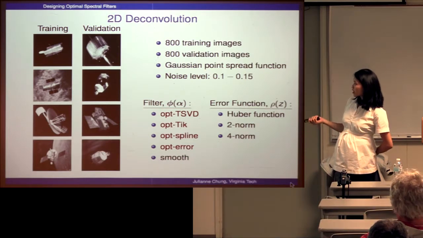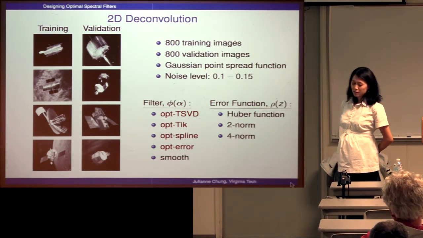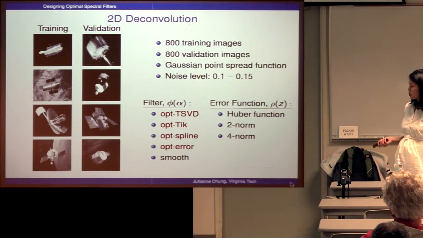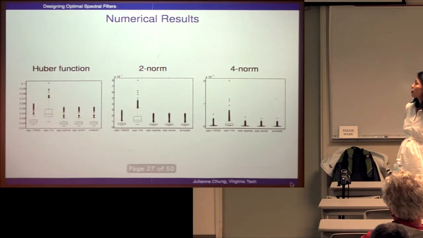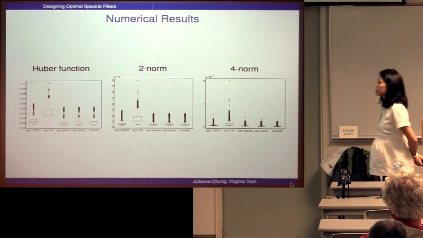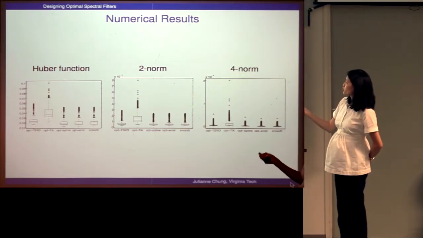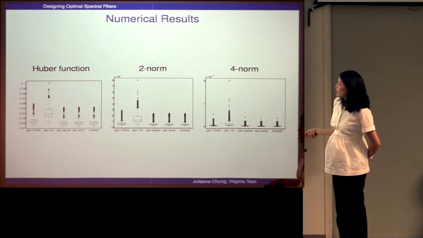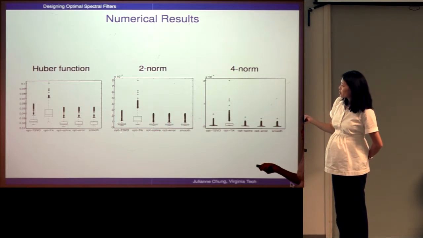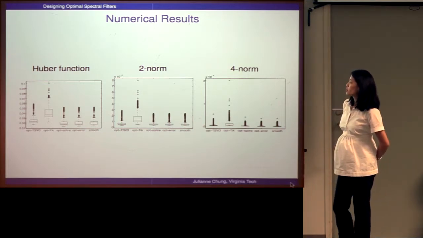Okay, so we want to look at how these optimal filters or optimal parameters perform. All right, so again, we're looking at box plots. Let's actually just pick out one of these first. So let's look at the 2 norm case right here in the middle. These are the different methods: opt-TSVD, opt-Tikhonov, opt-spline, opt-error, and smooth.